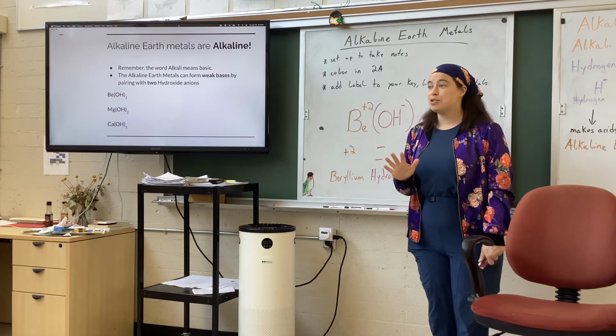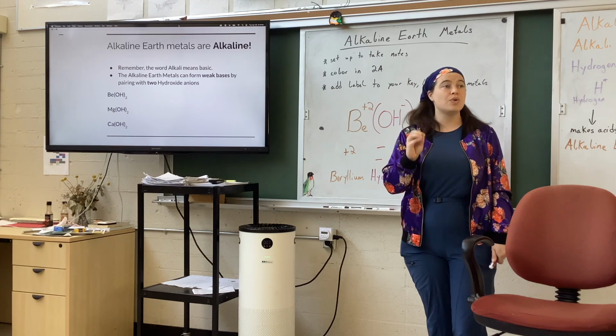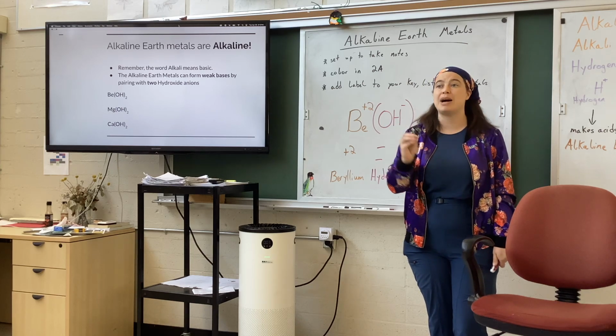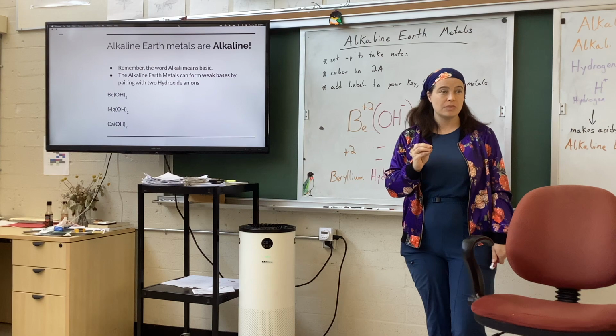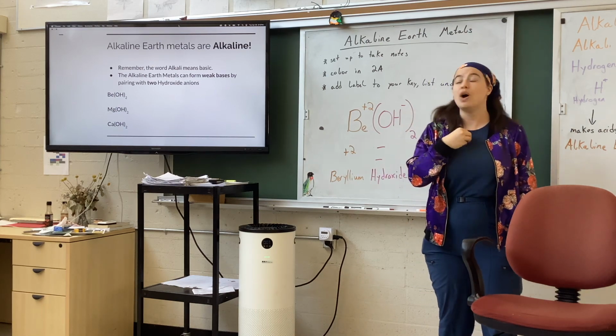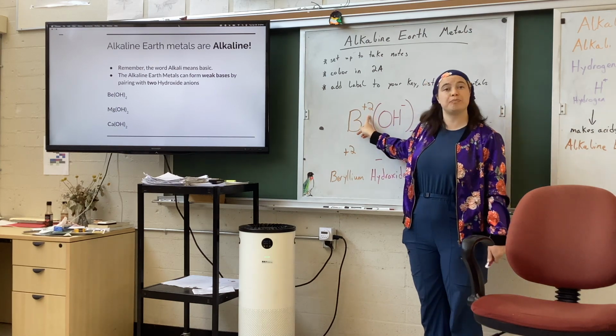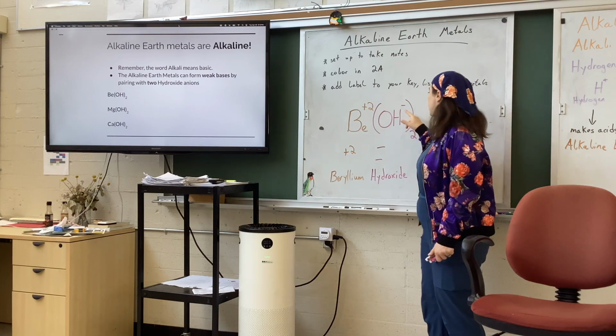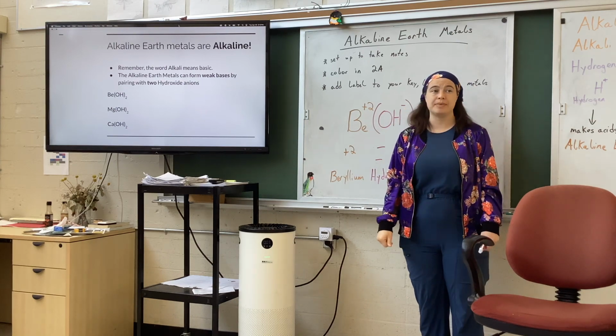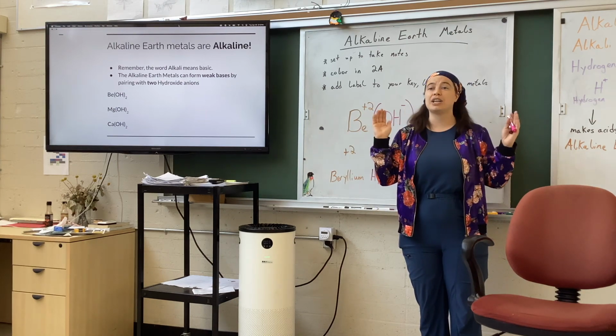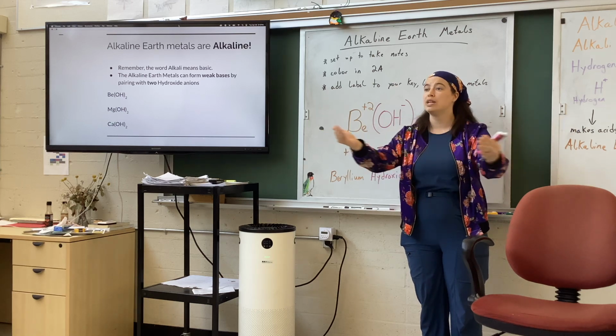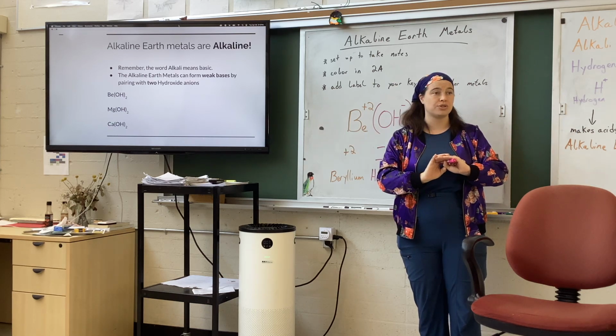The general assumption in chemistry is that if you hear that something is called beryllium hydroxide, you sitting there can go, oh, I know that beryllium has a charge of +2, and I know that hydroxide has a charge of -1, and I know that an ionic compound as a whole is neutral and has no charge.